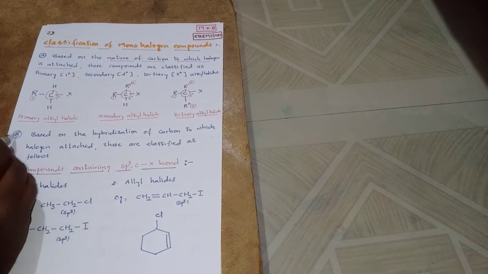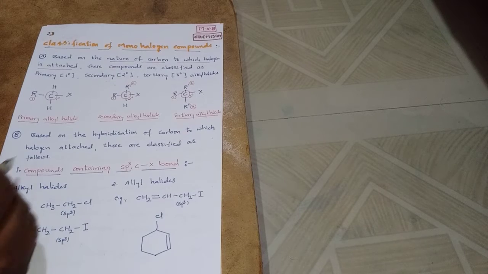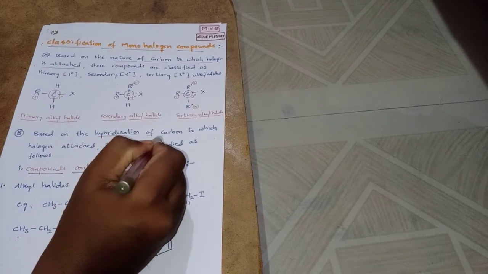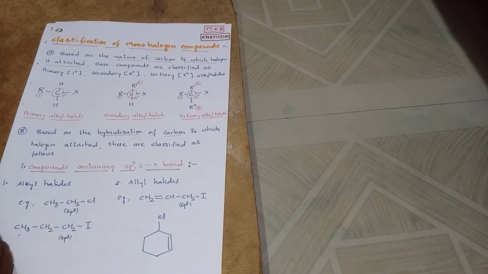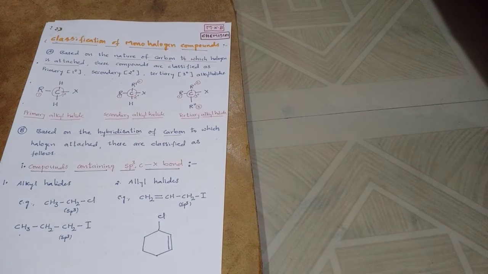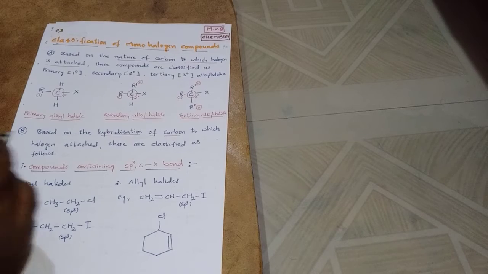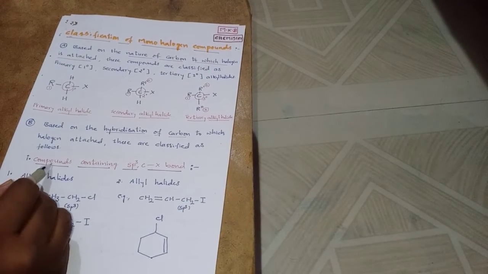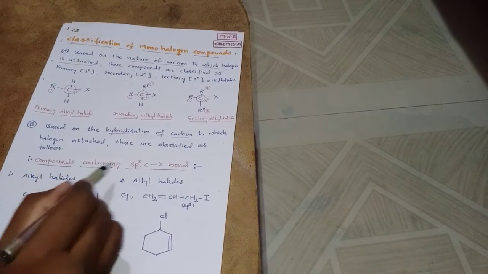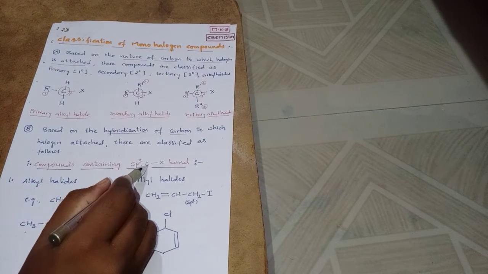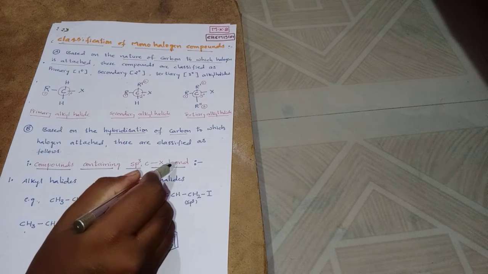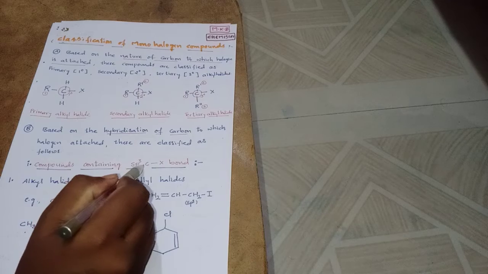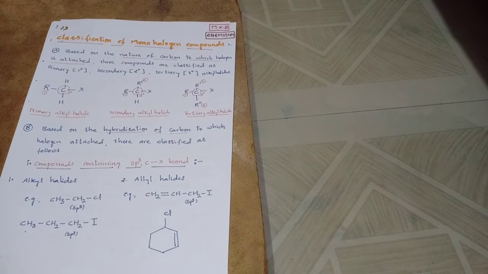Right. Then the other classification is based on the hybridization of carbon to which the halogen is attached. The first one is compounds containing sp3 carbon halogen bond. That means the halogen is attached to an sp3 hybridized carbon.